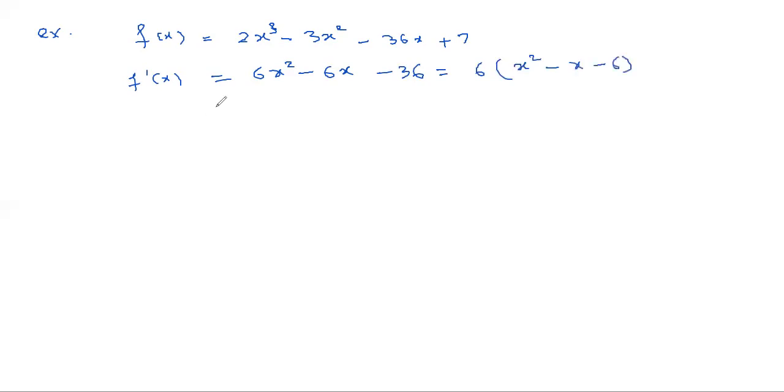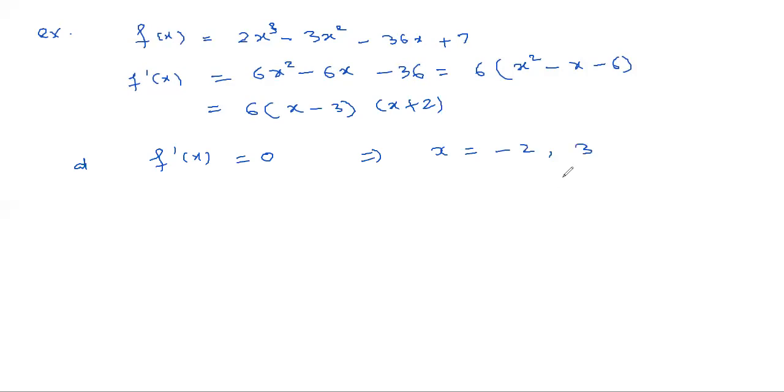X square minus x minus 6 can be factorized, and we get (x minus 3) times (x plus 2). So there are two stationary points, which will be known by equating the derivative equal to 0. It gives me two stationary points, namely minus 2 and 3, where the derivative is 0, so the function is constant.